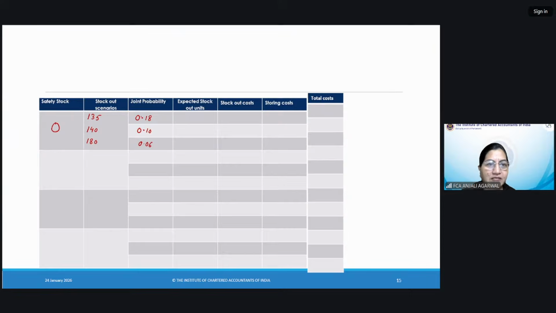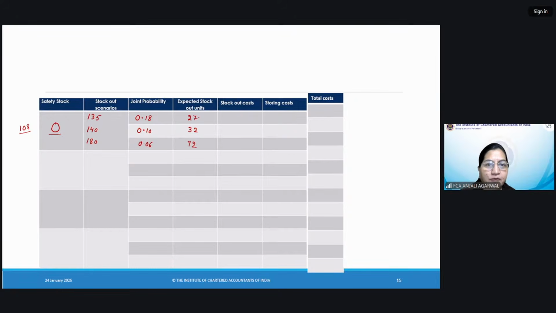So what will be the expected units of stock out? If I have a zero safety stock, it means my reorder level is 108. I ordered at 108, but the units required in this period turned out to be 135. So I'm stock out with 27 units. Here I'm stock out with 32 units. And here I'm going to be stock out with 72 units.